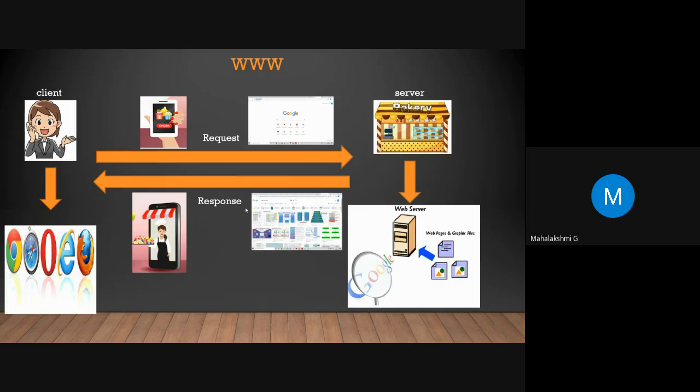As I told, when you order, you type the phone number. Similarly, you type the address, which we call here the URL. We will see it in detail later on.